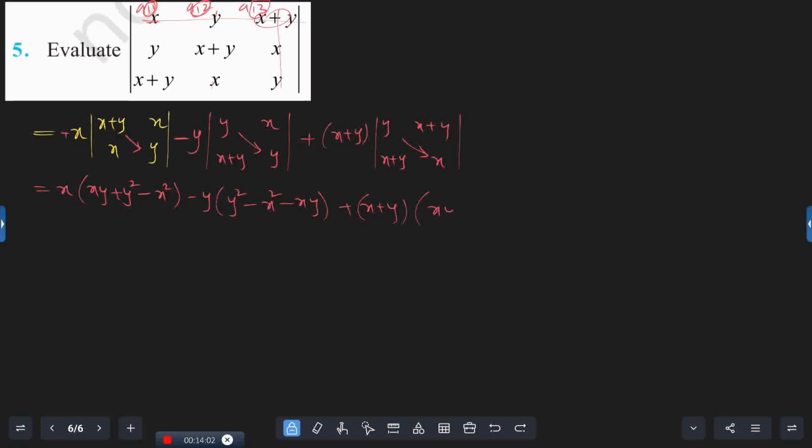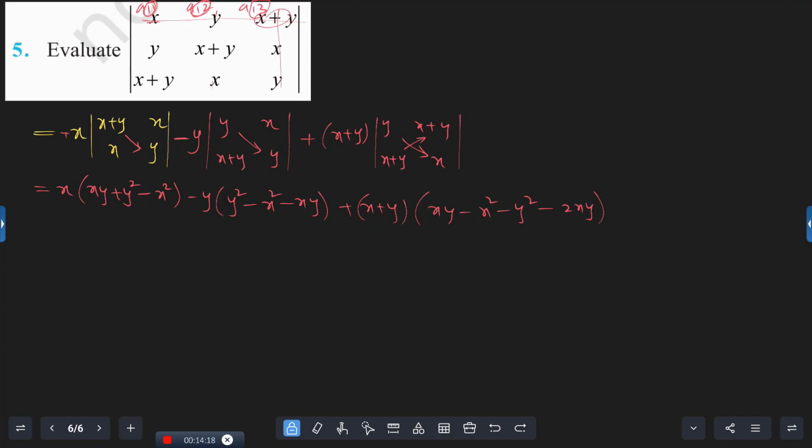When you multiply this, it will be x plus y whole square. So it will come to minus x square minus y square minus 2xy.